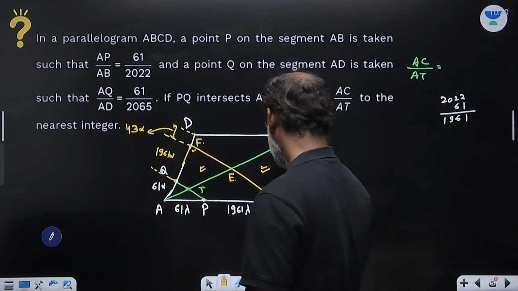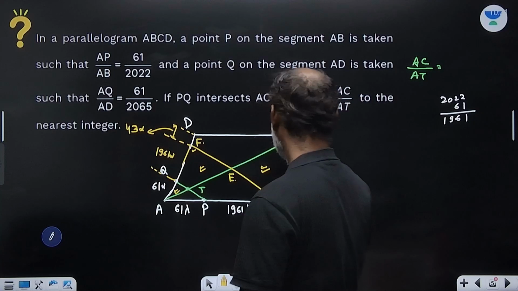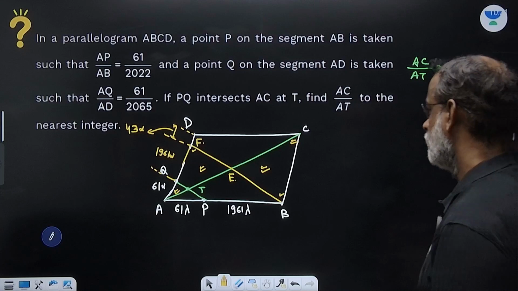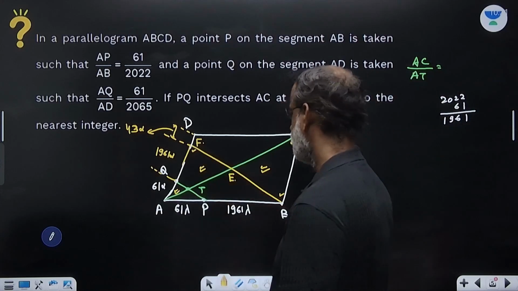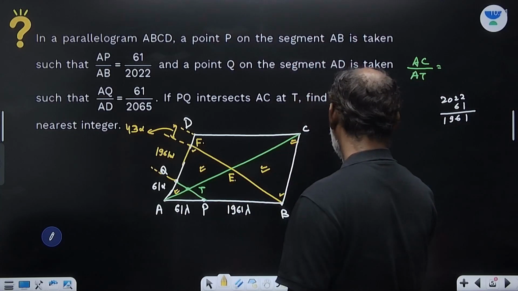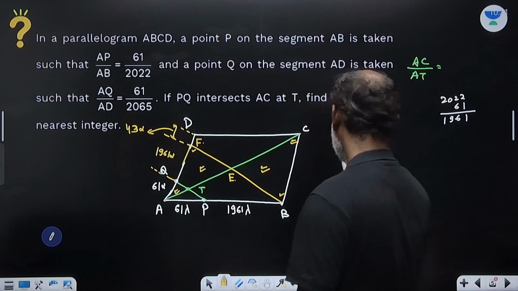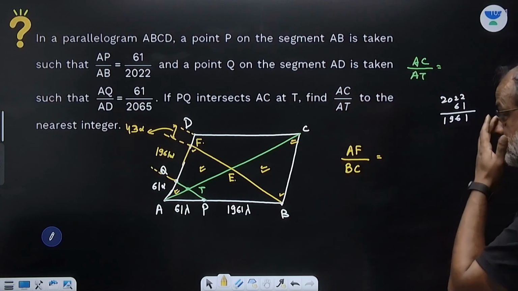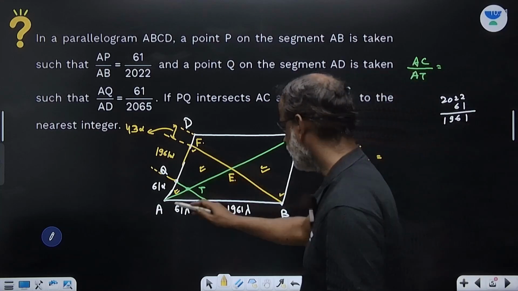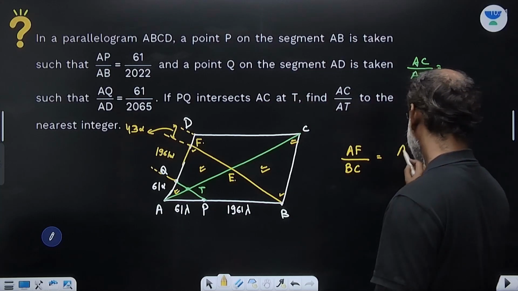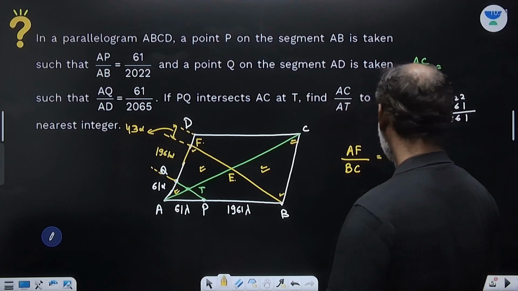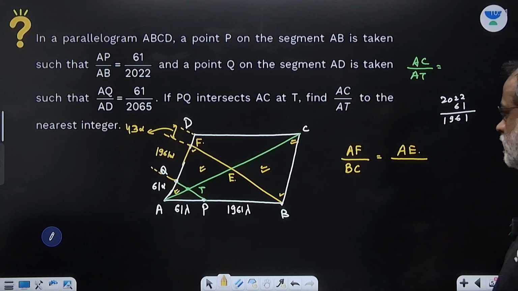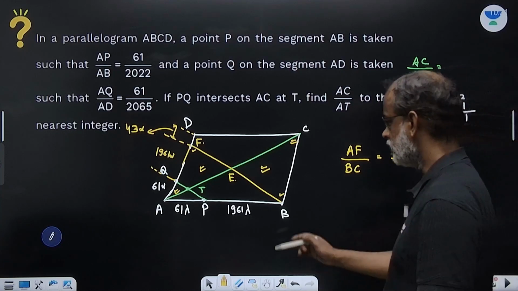This angle and these has to be equal. So, we can say opposite to this angle is AF and opposite to this angle is BC. And opposite to this angle is AE, something that we are interested in, and opposite to this angle is EC.